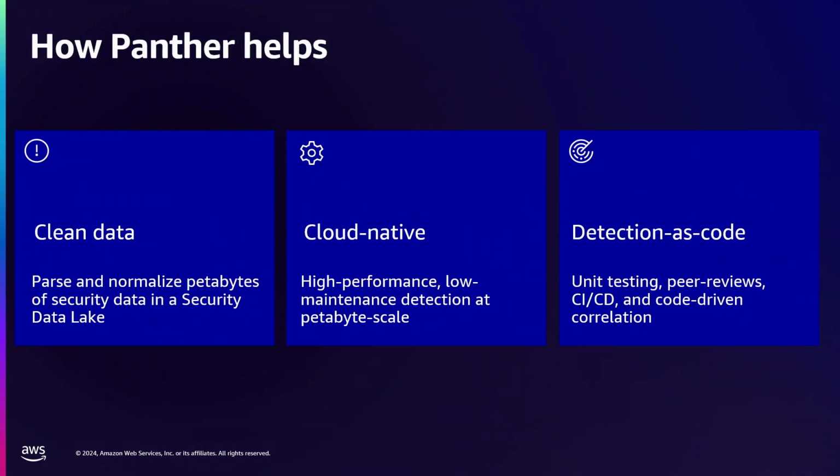Explaining further how Panther helps, I'll cover some of our key differentiators. So first, we have clean data. Panther excels at parsing and normalizing petabytes of security data within the security data lake. Again, that's powered by Snowflake. By converting unstructured logs into a structured format, we ensure consistency and accuracy in data representation.